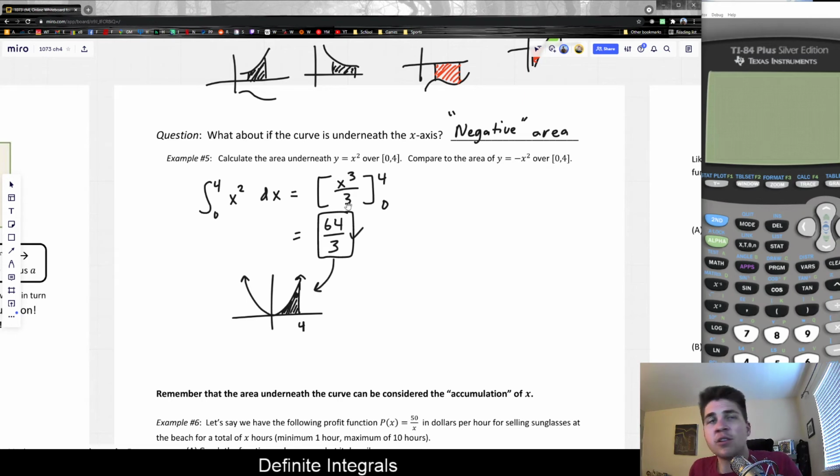But let's say we took the exact same problem, and instead of y equals x squared, we inverted or reflected that parabola, put it upside down, and looked at the graph of y equals negative x squared from 0 to 4. Since it's negative, it would be beneath the x-axis, exactly the same pattern but below instead. So what we should expect is a negative amount of area, because this curve is underneath the x-axis.